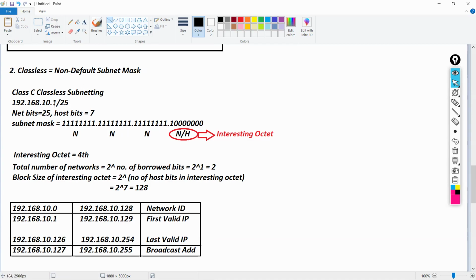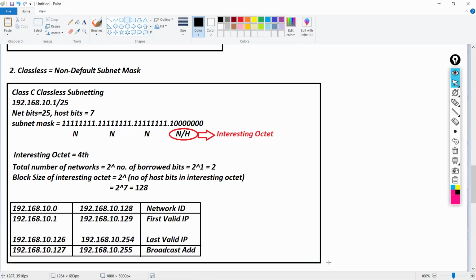So for this specific IP address, the network ID will be 10.0 and the broadcast address will be 10.127. If in place of this I had IP address 130 or 150, that would fall in the second range. So the network ID would be 128 and the broadcast 255. Clear? This is clear.